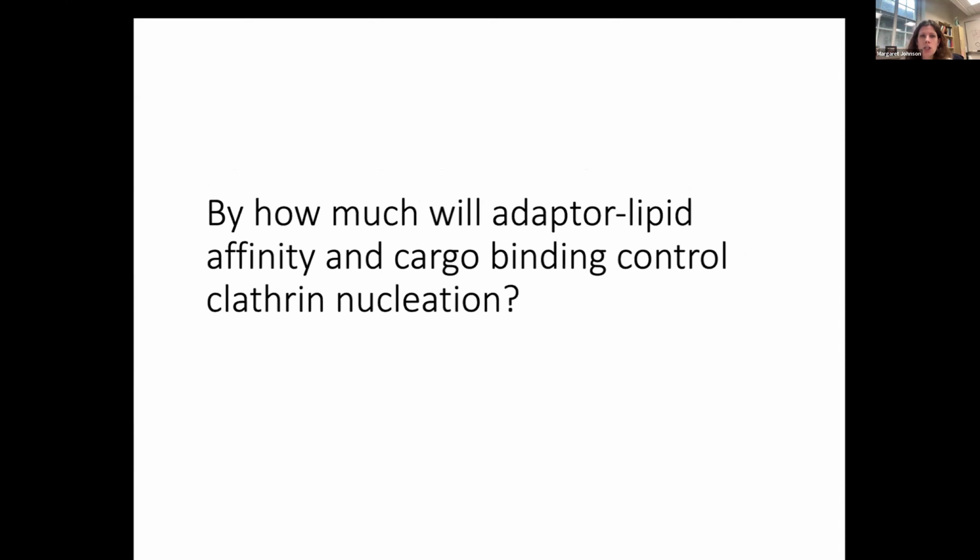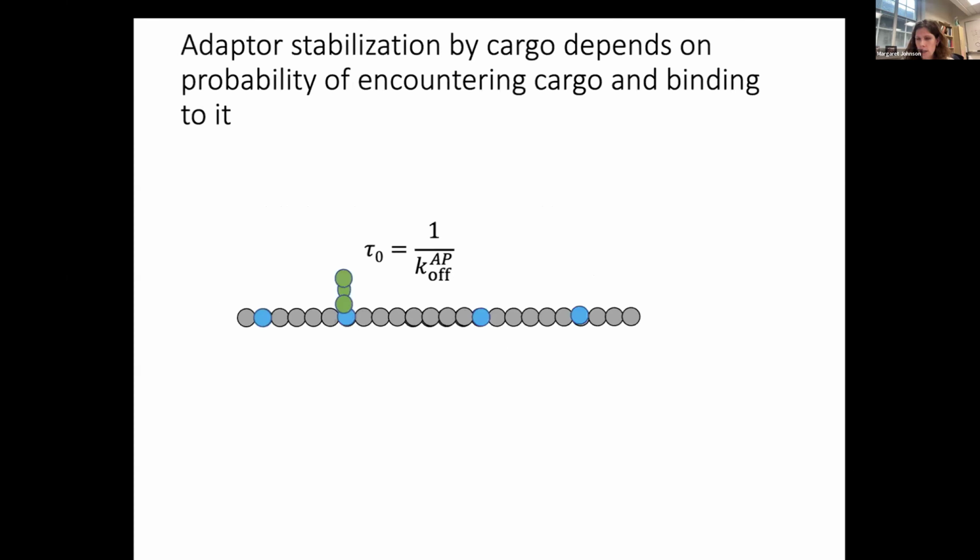How much does a more realistic representation of the lipid affinity matter, and can we show that in vivo it is actually sensitive to cargo binding? Because in those simulations we didn't give it any cargo, we were just able to get it to nucleate lattices if it had enough adapters. Just to spend 2 minutes on this, cargo is the idea that this is a receptor, right?